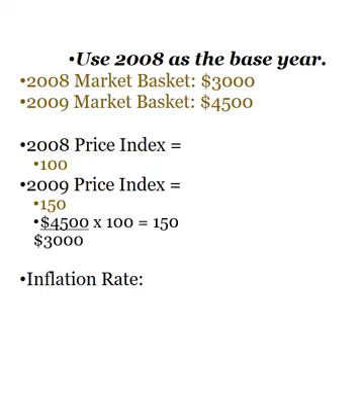So knowing those two values, if you skip down one more bullet on your notes, it asks you the inflation rates between 2008 and 2009. What do you think it is? It's 50%, because it increased 50% from the previous year. So it's both 50% and also 50% inflation, not 50% deflation, because prices rose.